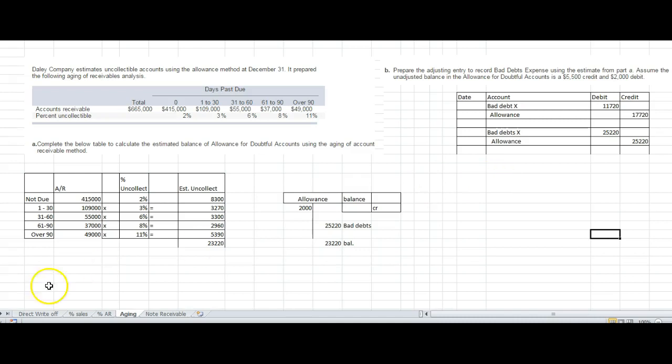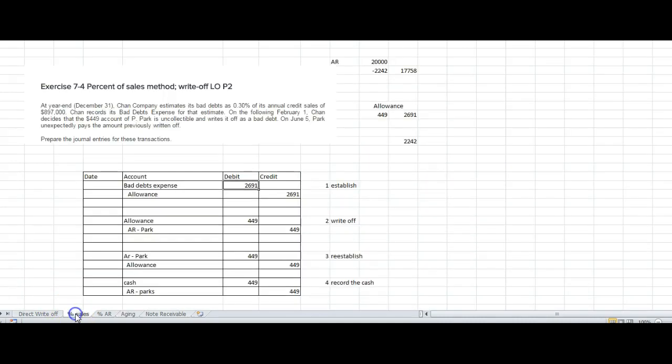Now, after you've done that, the recordings here to write off and reestablish. Okay, if you write it off here because you know it's definitely wrong, those entries are not going to change.